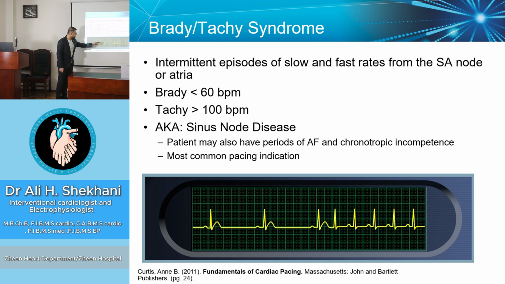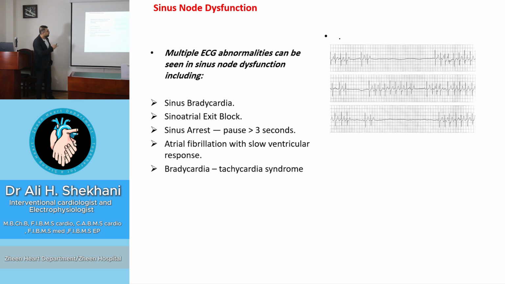There is a period of bradycardia followed by tachycardia, sometimes slow AFib. Also this patient. So in summary, the sinus node disease could be sinus bradycardia, could be sinoatrial exit block, could be sinus arrest, or could be tachy-brady syndrome, or sometimes slow AFib. You have a patient with atrial fibrillation with very slow heart rate.